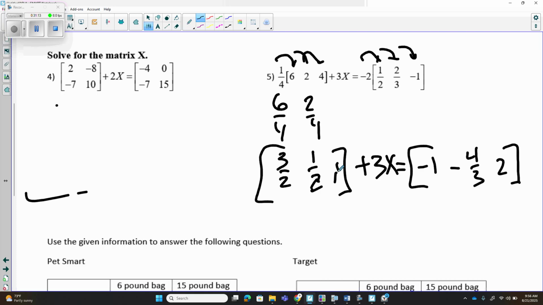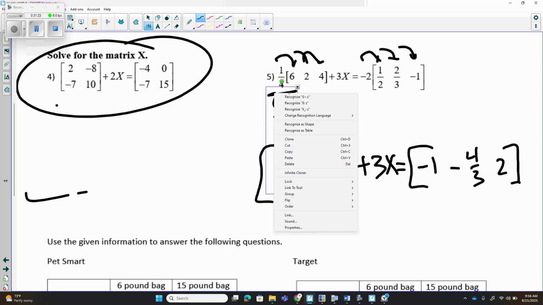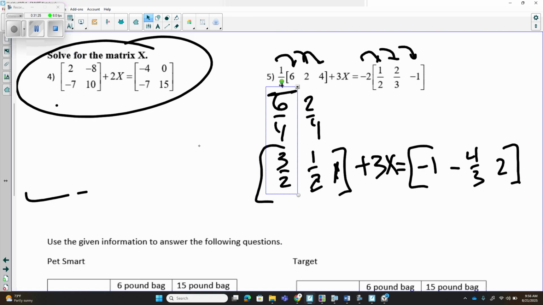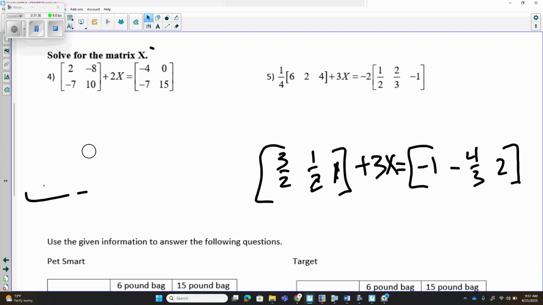Now I'm back to this type of equation we just did. Once I have it, I have narrowed this down to this equation. So what did we do with the matrix on the left? We subtracted.